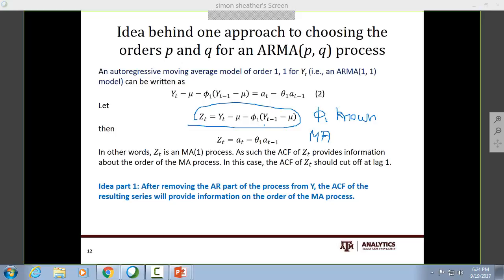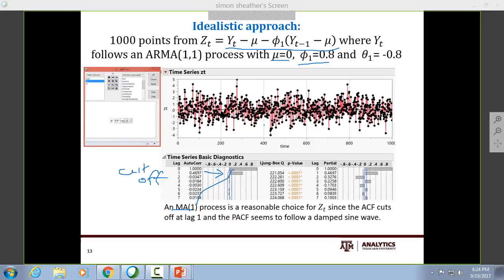Okay, good. So that's what I did. I calculated Z_t by subtracting mu and phi 1 times (Y_{t-1} minus mu) from the Y_t. And I assumed the true values of mu and phi 1, which is idealistic and unrealistic. And looking at the time series, the ACF cuts off at lag 1, and the PACF goes on, which says this is an MA(1).